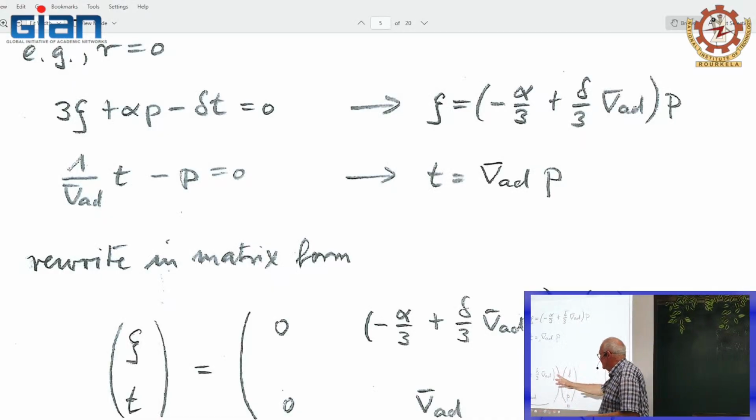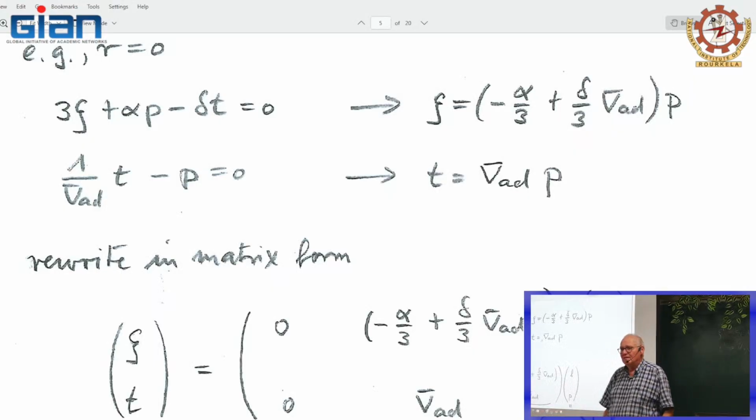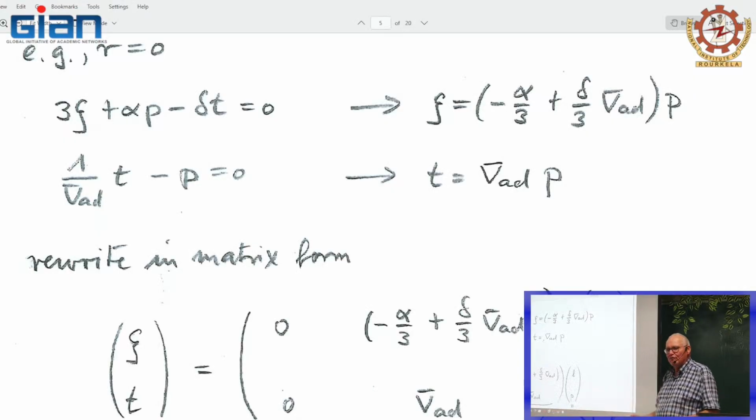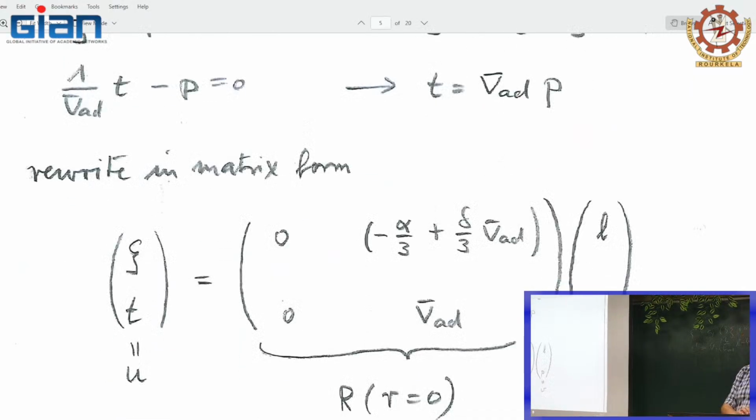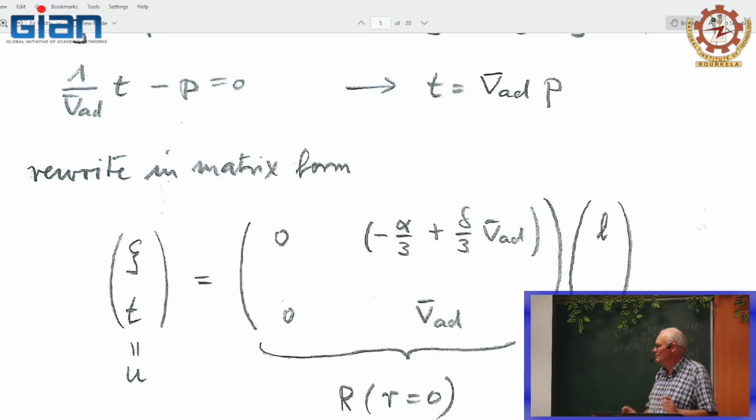Even if zeta, t, L, and p are not unique, not unambiguous, there is some degree of freedom in the choice of the boundary conditions in terms of zeta, t, L, and p. Well, what about the Riccati matrix at the inner point, at the bottom point of our integration interval?